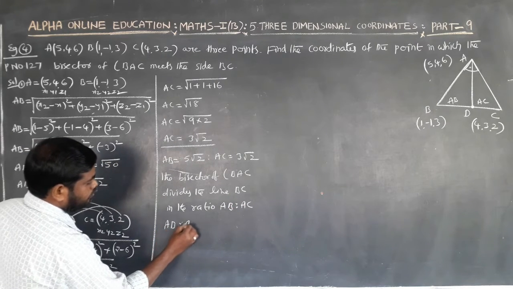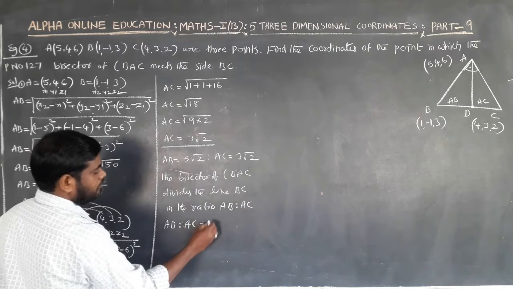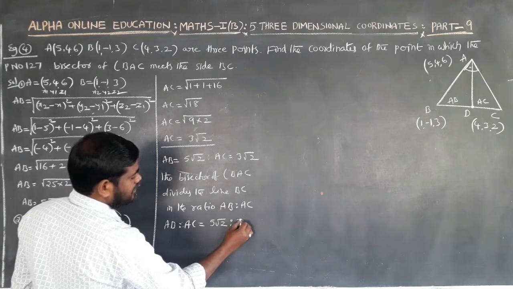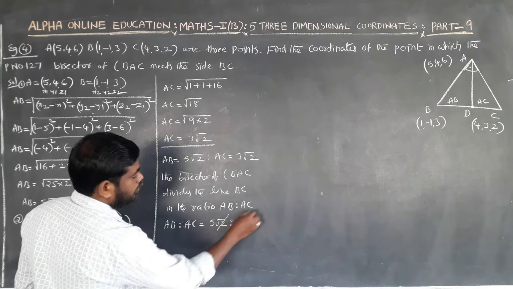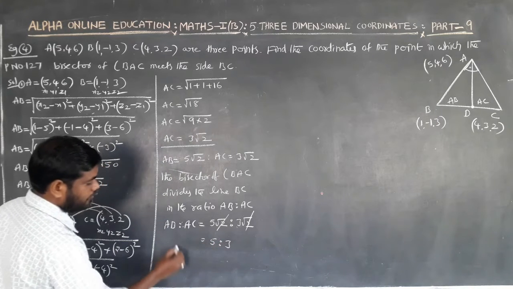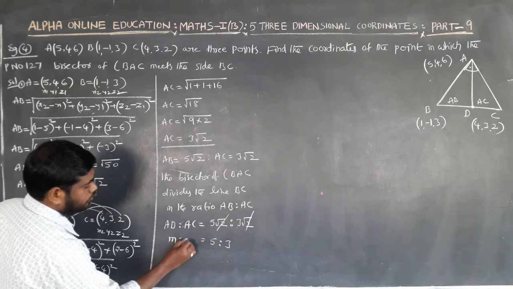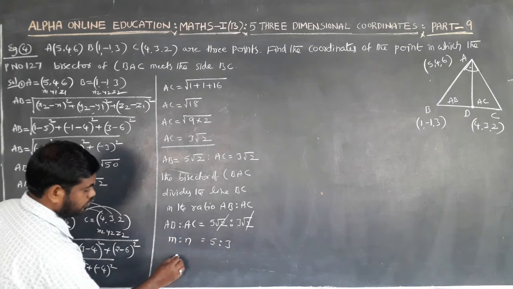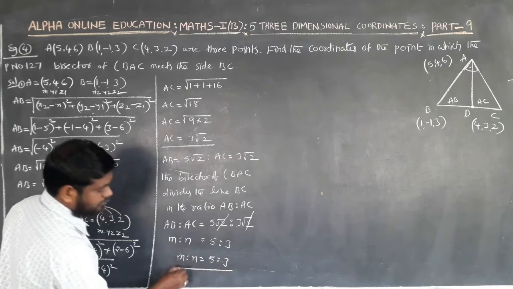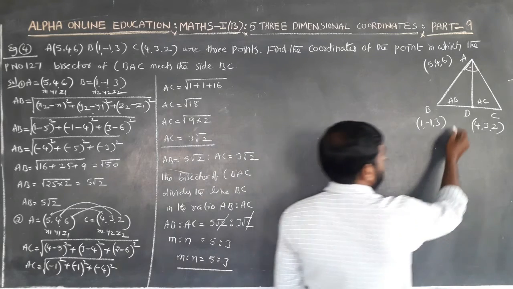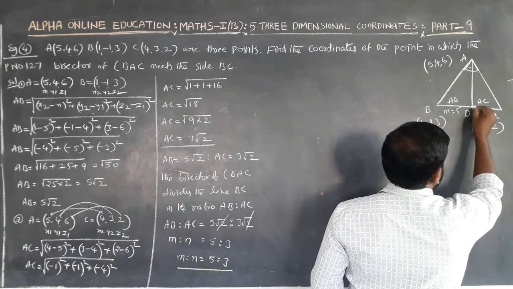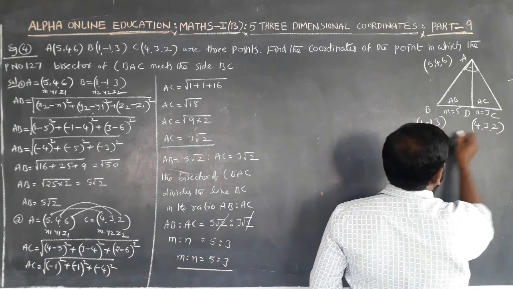AB means 5 root 2 is to AC, 3 root 2. Root 2 gets cancelled, so 5 is to 3. Let AB is to AC be M is to N. So M is to N is equal to 5 is to 3. This is AB, M is equal to 5. This is DC, N is equal to 3.